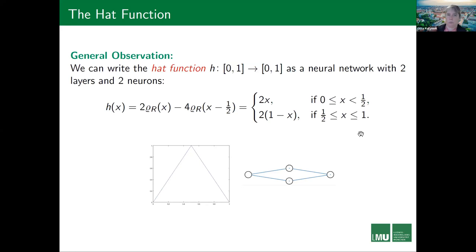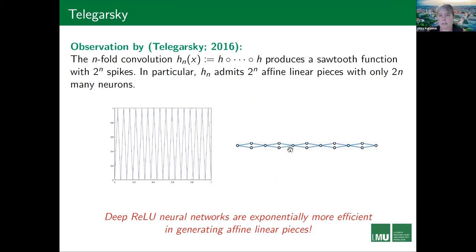Now I have this one hat function, and I'm interested in the role of depth. So what I can do is concatenate this many times. That's a kind of boring neural network, but still it's a neural network with a certain depth. That way one can create the so-called sawtooth function with 2^n spikes. That's the key observation here: if we have an n-fold concatenation of these h's, then I can create a sawtooth function with 2^n spikes.